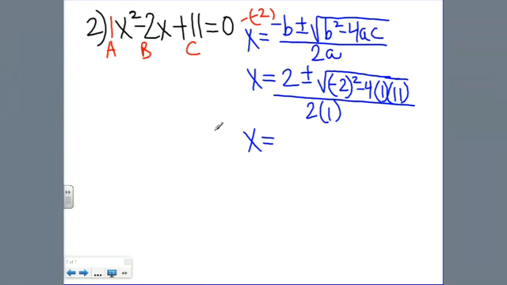Now, we found the discriminant earlier, but let's go over it again. Inside the radical, negative 2 squared is a positive 4. And when you multiply the last 3 numbers, we get negative 44. So that would be the square root of negative 40.